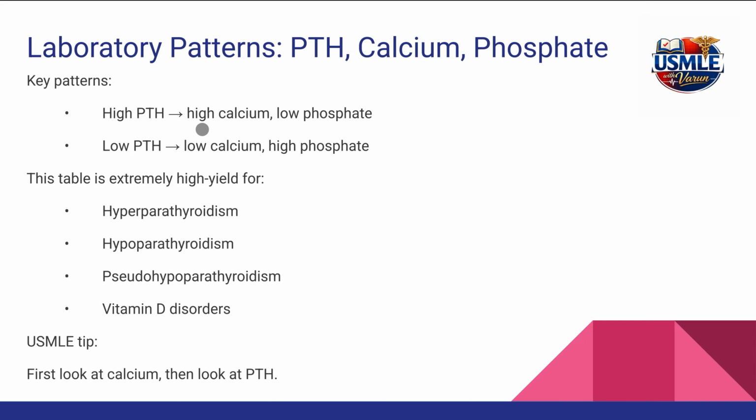So high PTH, high calcium, low phosphate; low PTH, low calcium, high phosphate. This table is extremely useful in identifying hyperparathyroidism, hypoparathyroidism, and vitamin D disorders. First, we need to look at calcium, and then we need to look at PTH.